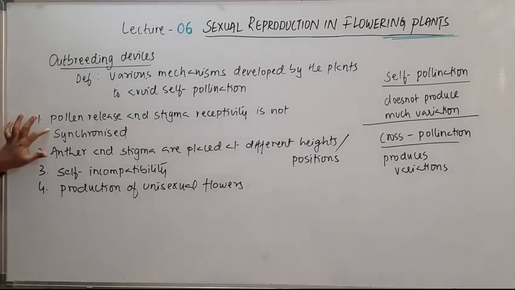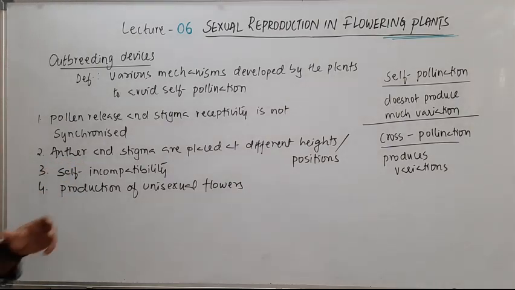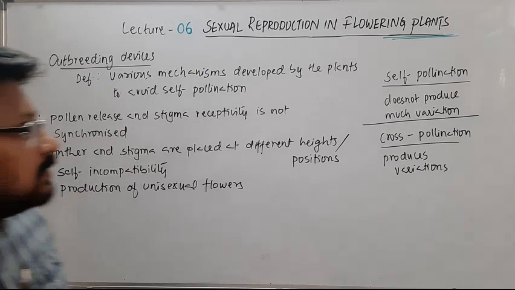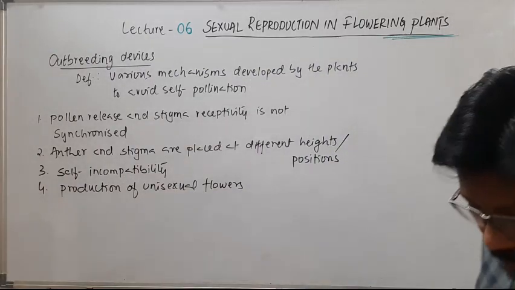If the pollen release and stigma receptivity do not take place at the same time, then there is no chance of self-pollination. And if the anther and stigma are placed at different positions, then also there is no chance of self-pollination. And all of these will favor cross-pollination, even self-incompatibility and the production of unisexual flowers. So all these mechanisms favor cross-pollination.